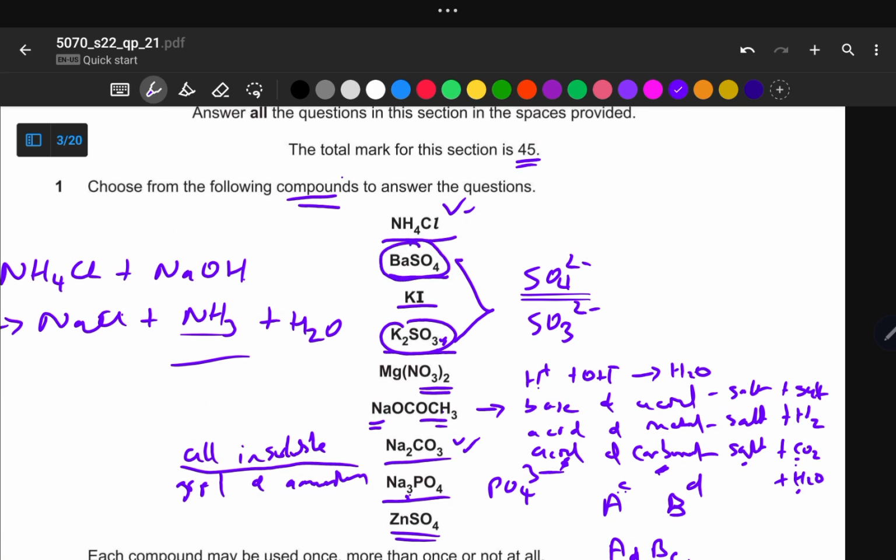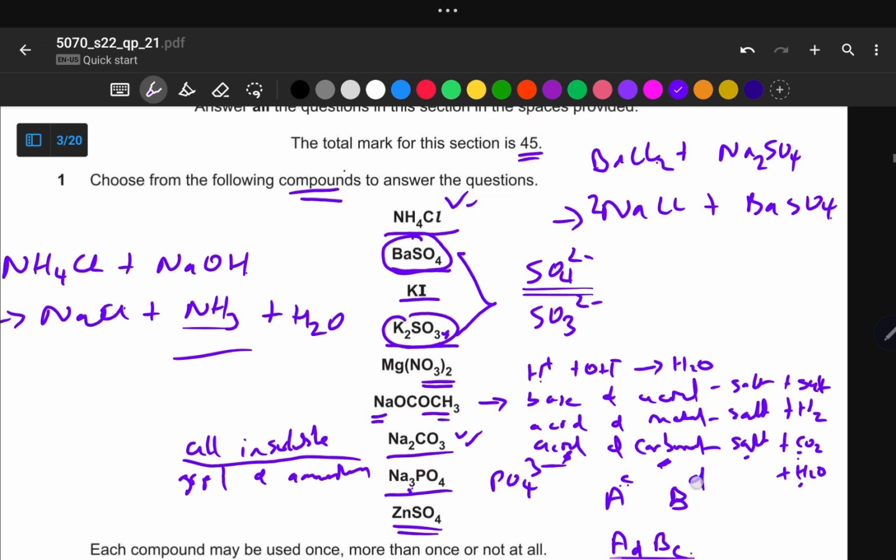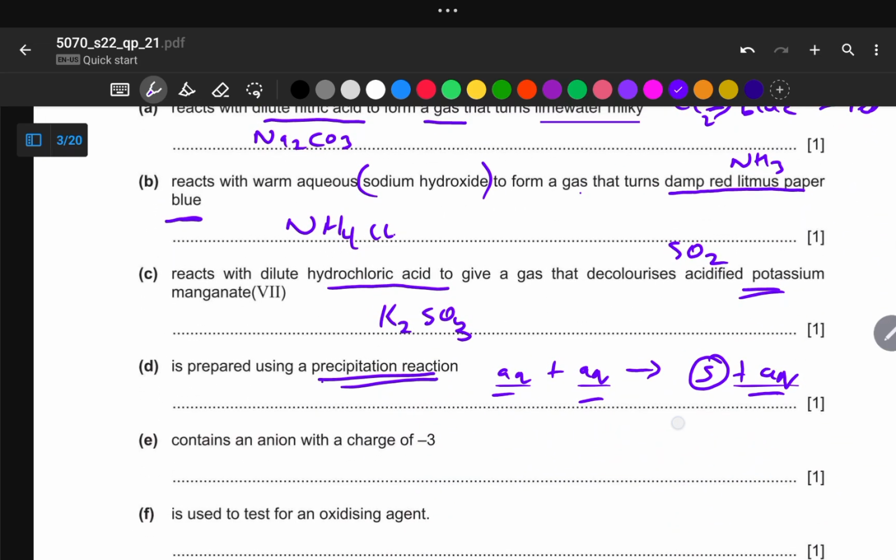We can mix, for example, barium chloride plus sodium sulfate, two aqueous solutions, to get sodium chloride plus barium sulfate. You can balance the equation as simple as that, by having a 2 here. So the compound which can be formed using a precipitation reaction is barium sulfate.